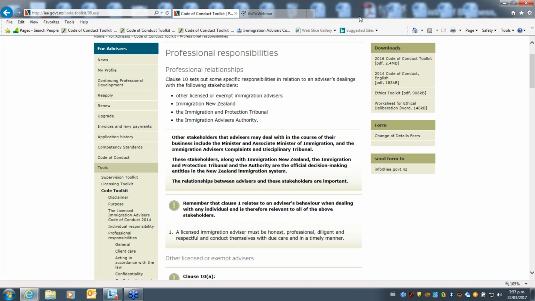Okay, another one here. In particular cases where legal aid is not available and no lawyers or immigration advisors would consider representing an asylum seeker client, the client still requires representation. Is it recommendable for an immigration advisor to undertake a case like this with some support or mentoring from lawyers or colleagues?